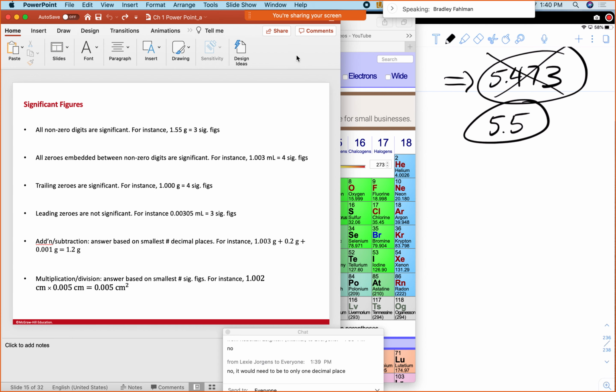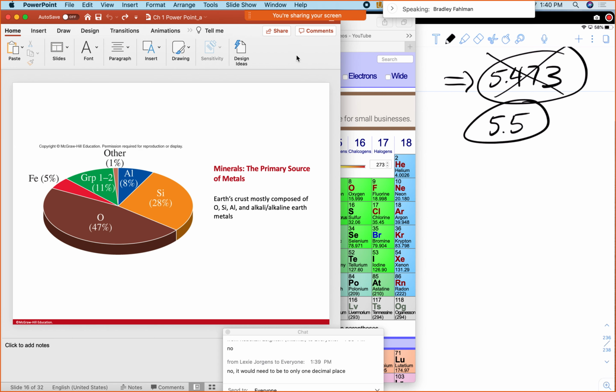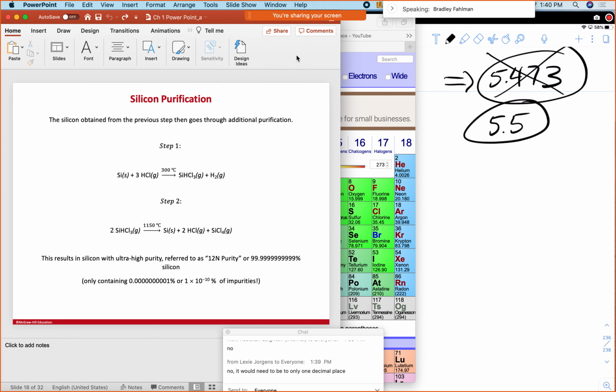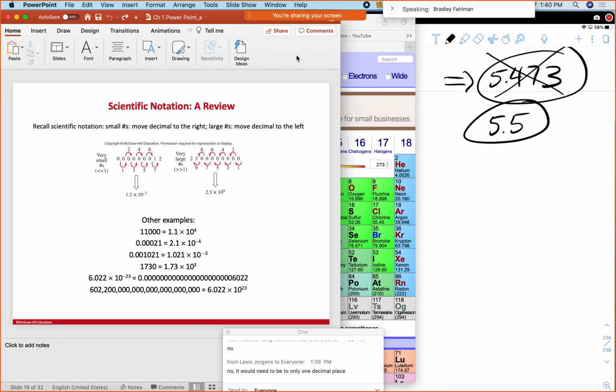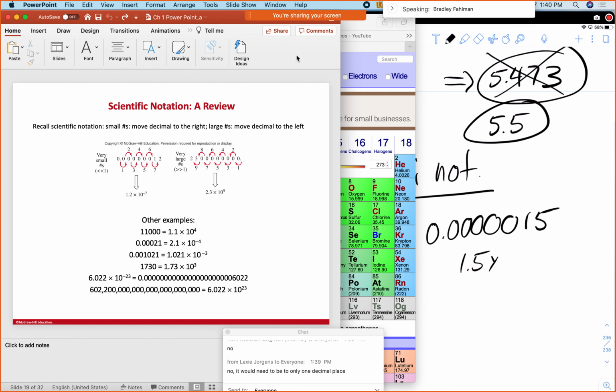And then scientific notation. None of this stuff is going to be on any of the reactions, just really scientific notation. Very small numbers have a negative exponent, so it'd be 1.5 times 10 to the minus 6.